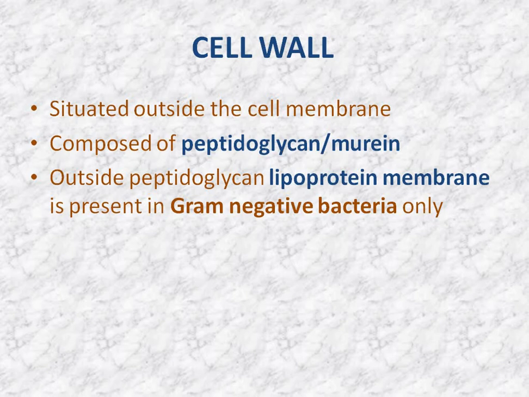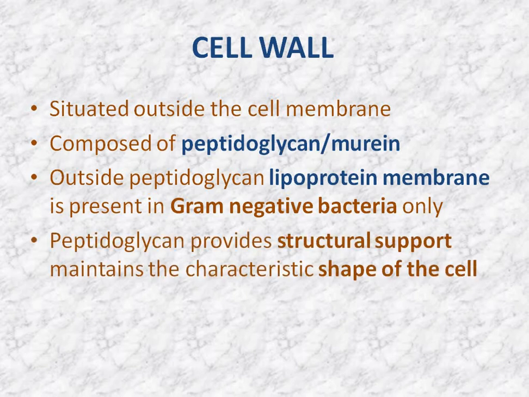Gram-positive bacteria have only a layer made up of peptidoglycan. And peptidoglycan, just like the cell wall in higher plants, provides a structure which supports the cell and gives a characteristic shape to the cell.